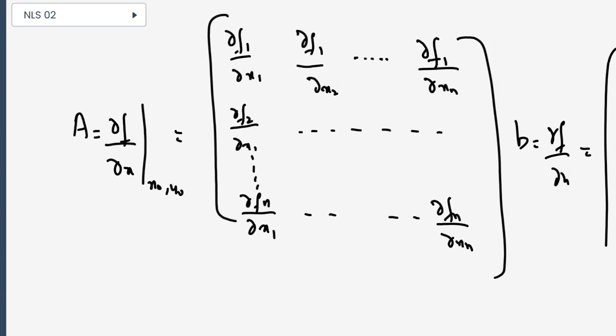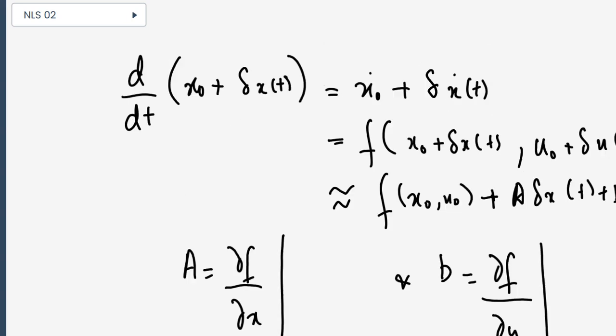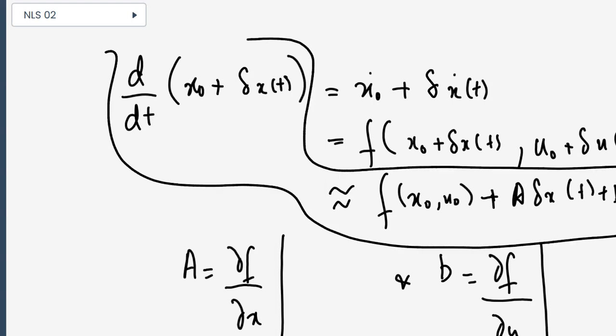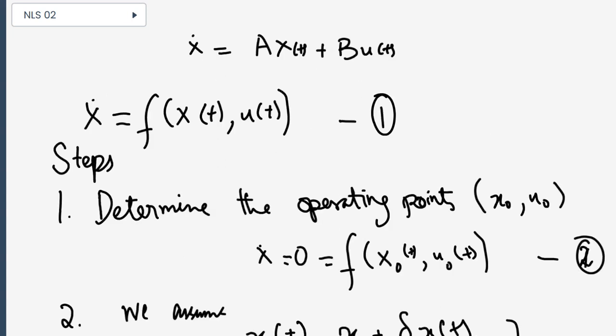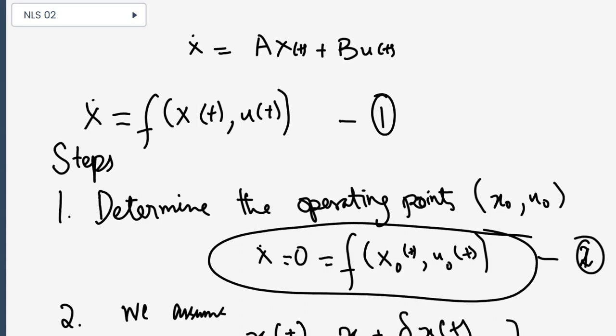And in this very equation that we have, we have to get rid of x naught and u naught that we have already obtained using equation number 2, f of x naught, u naught equal to 0. We have obtained those values.